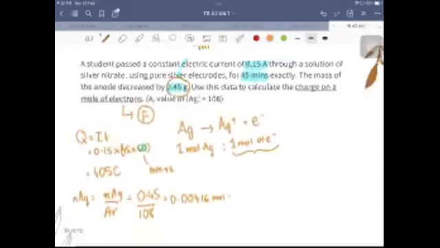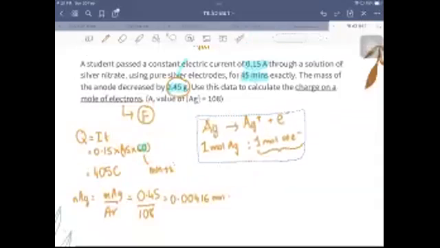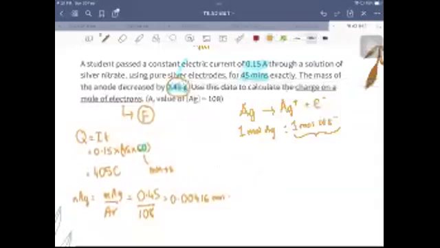So what it means is that if we used 405 coulombs, we would have decomposed 0.00416 mole of silver.